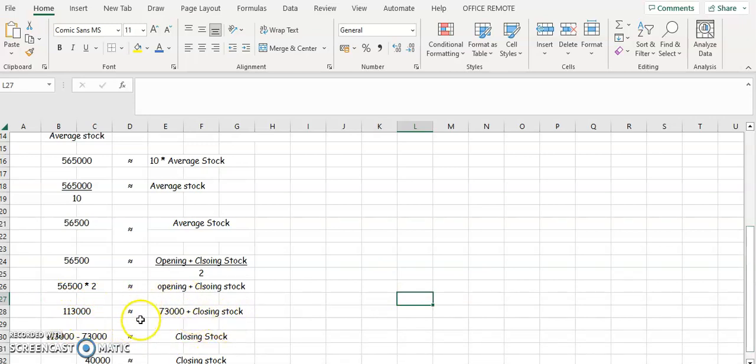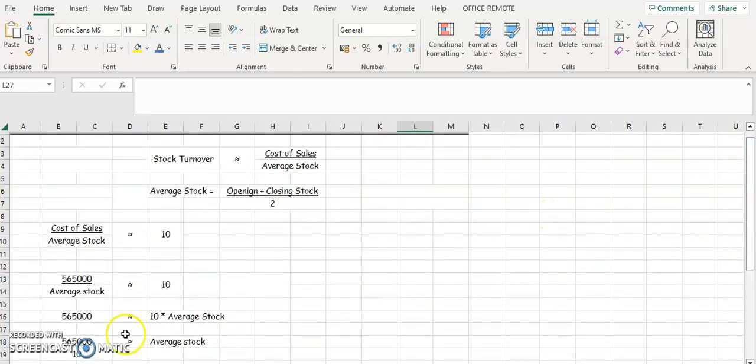We got this 73,000 from the question in the profit and loss, our opening stock. So now we can find what closing stock is by bringing this 73,000 back over the equals, and it becomes a minus. So 113,000 minus 73,000 is equal to 40,000. So 40,000 is your closing stock. And that's how you answer the first adjustment, calculating the closing stock for JB PLC.